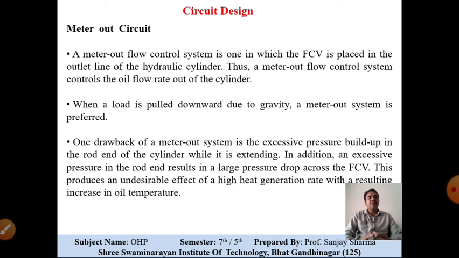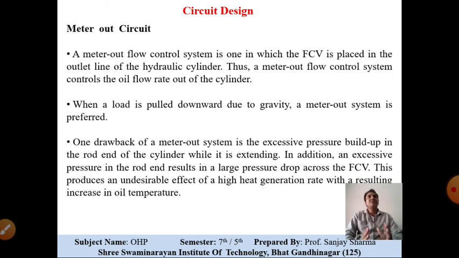Meter in is not suitable for low pressure because there is a sudden pressure drop in the meter in circuit, while in meter out excessive pressure is generated. So the heat generation is found more in the meter out circuit.